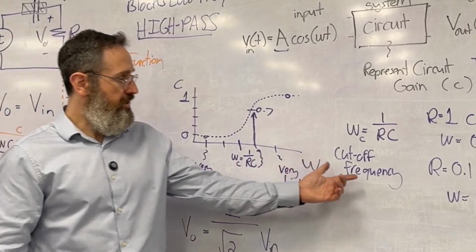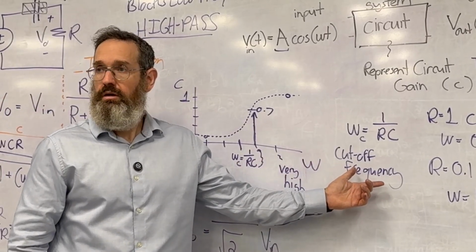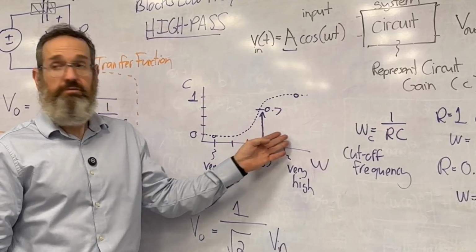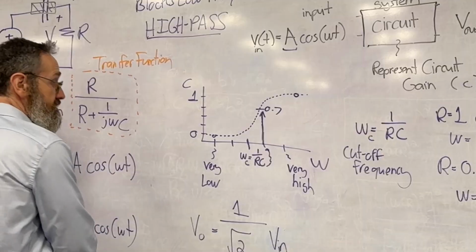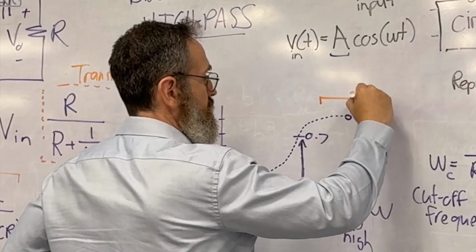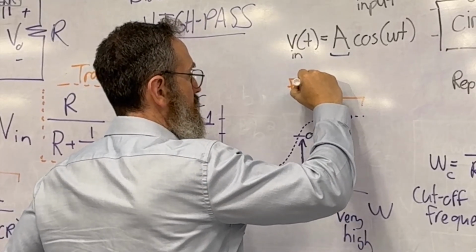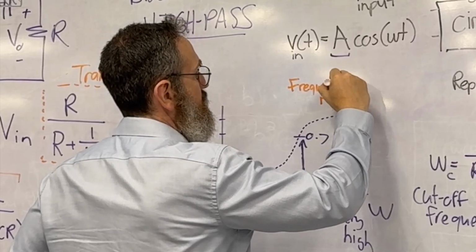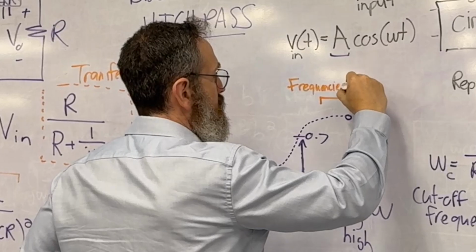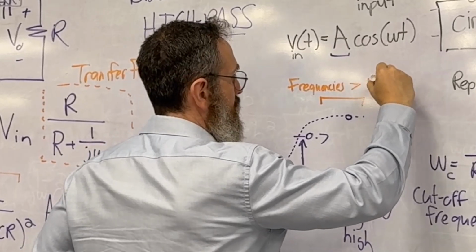Now, what does that mean? If the frequency is a lot bigger than the cutoff, you're here. All right, so let me write it out. This is frequencies greater than the cutoff.